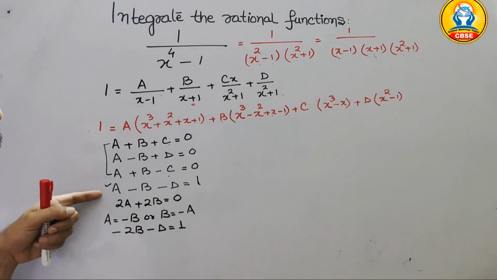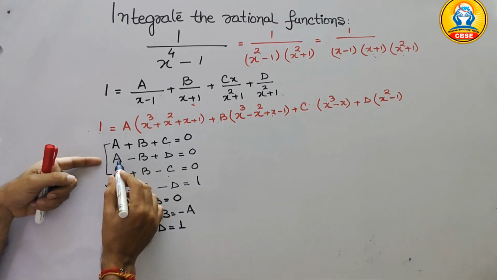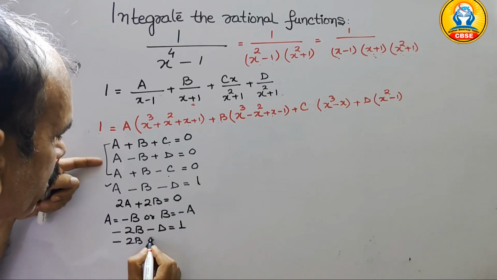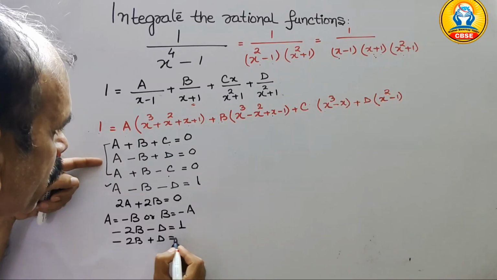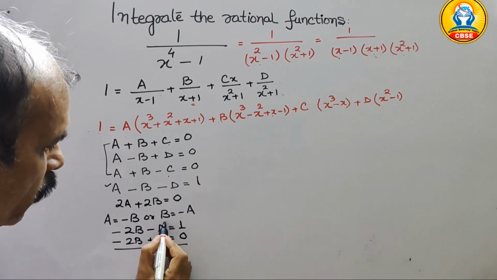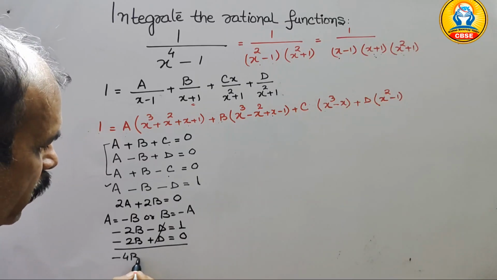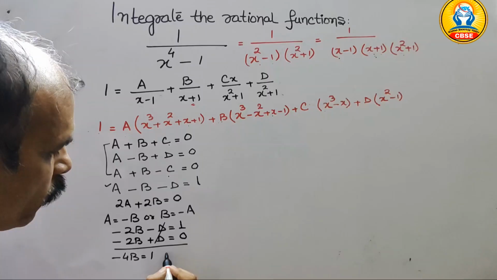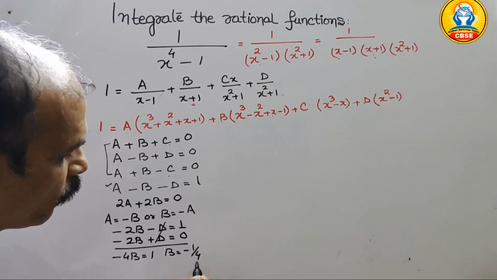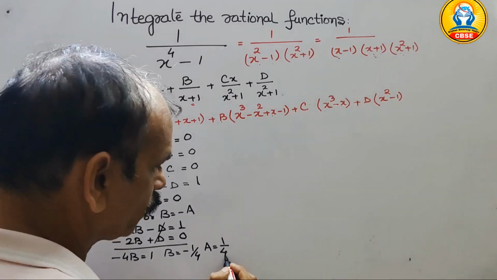Solve this. So here it is minus 4B is equal to 1. So we can say B is equal to minus 1 by 4. Therefore A is equal to 1 by 4.